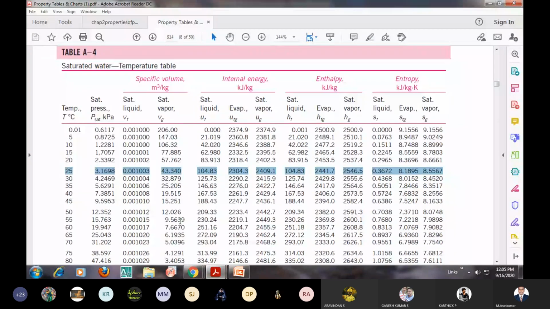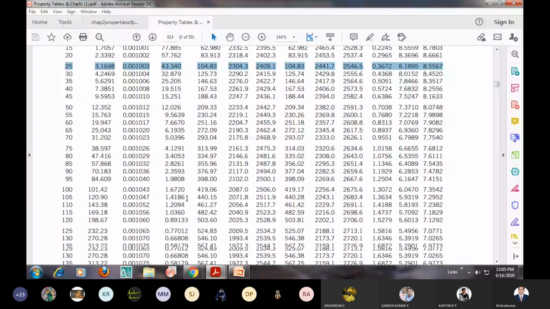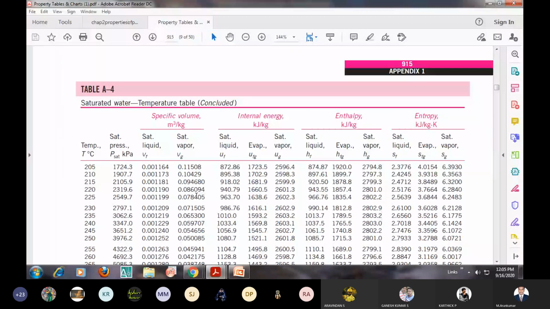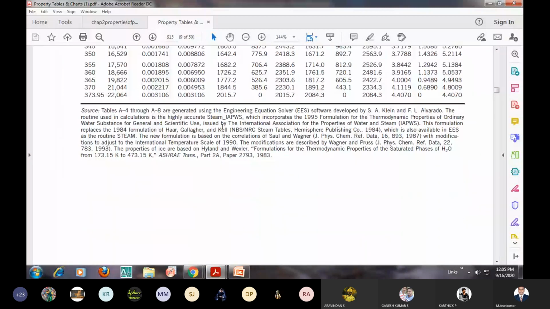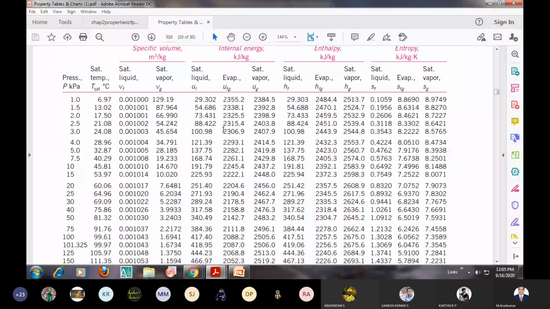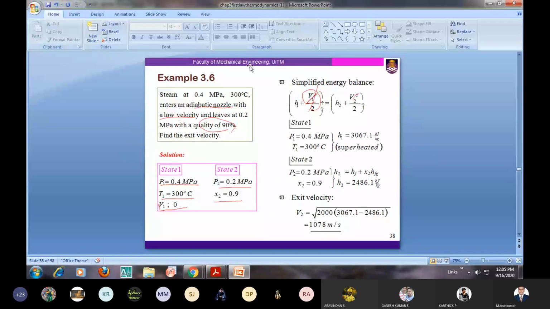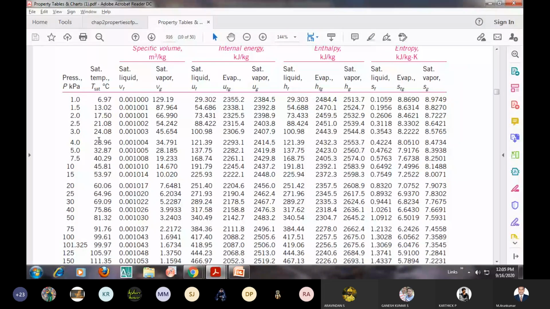Yes, the temperature table, then we have the pressure table. Then we have to look at 0.4 megapascal. It's in kilopascal, so we have to look at 400.